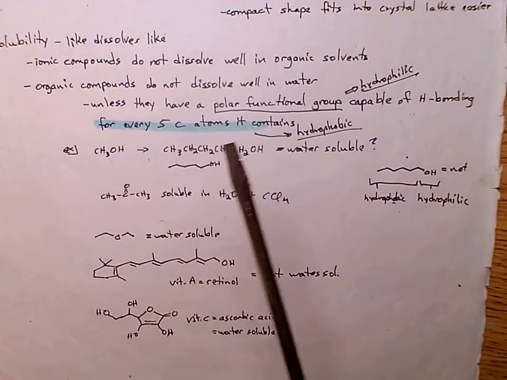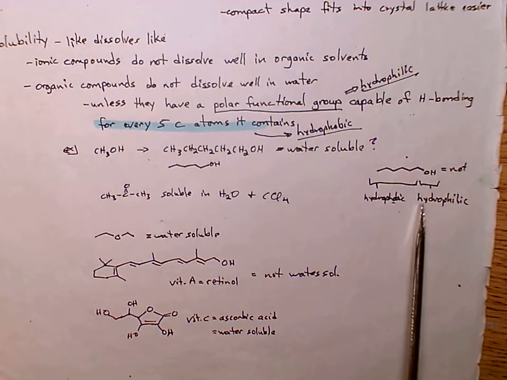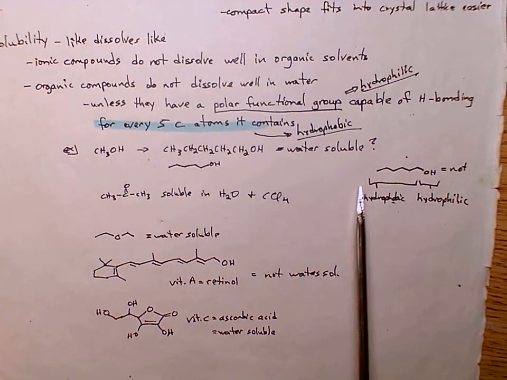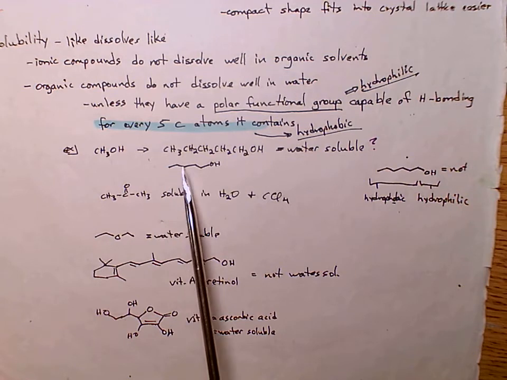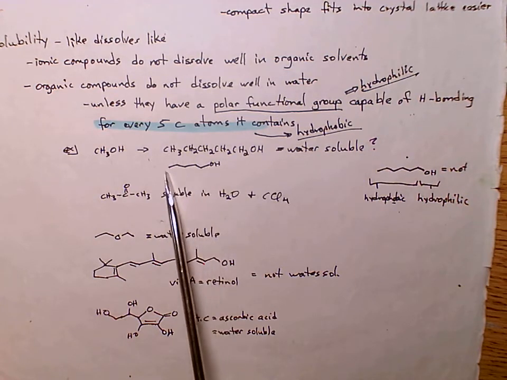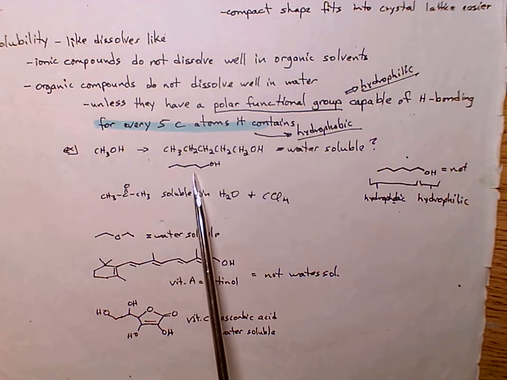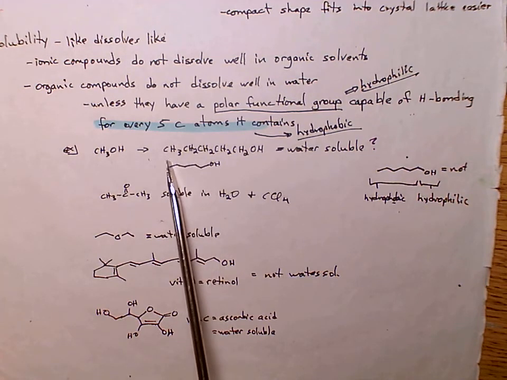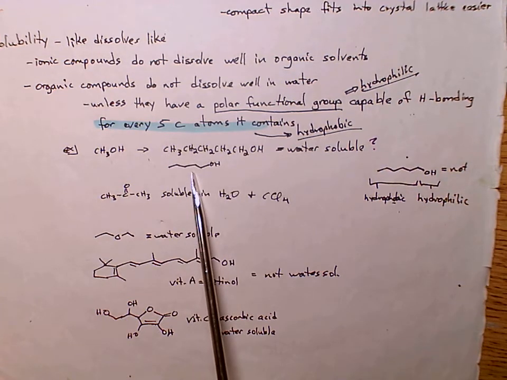Well, here's the deal. We've got the OH, that's hydrophilic, that likes water. But this tail here does not like water. The tail here for this one, 1, 2, 3, 4, 5. So this does not want to dissolve in water very well because the hydrophobic part, the organic tail part of it, does not like the water.